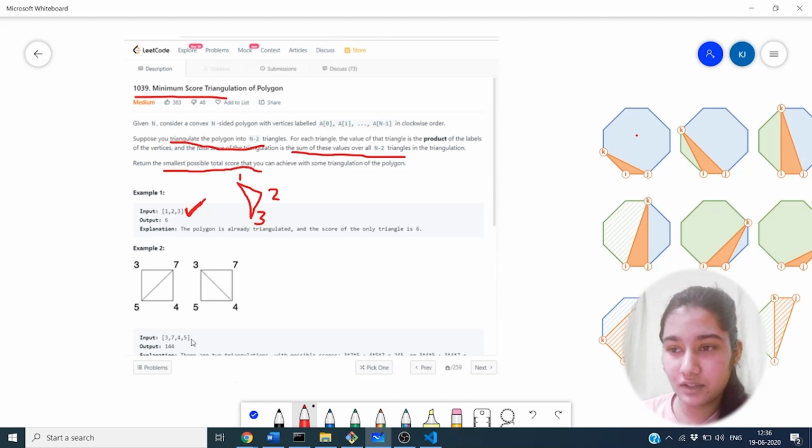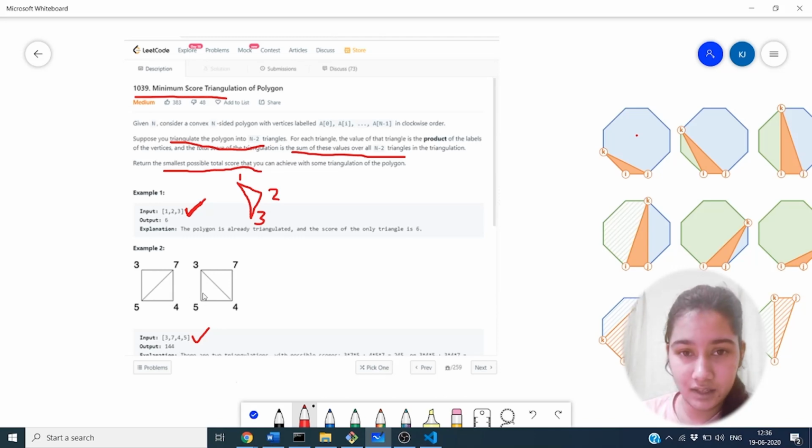Now the second example: if we are given 4 vertices, then there can be 2 conditions to form the triangles in the polygon. That is, first considering this triangle and this triangle, and the second condition as 3, 7, 4 and 3, 4, 5. Now in the first condition, the result is 3 into 7 into 5 plus 7 into 4 into 5.